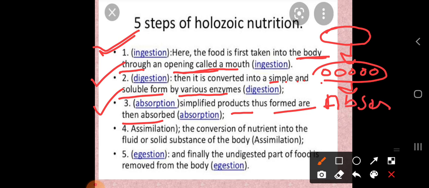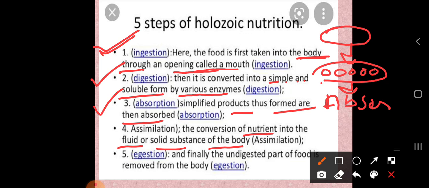Then later on what happens? After taking this main energy from the digestion part, there is conversion of nutrition into fluid or solid substance of the body. This food itself is converted into nutrition.